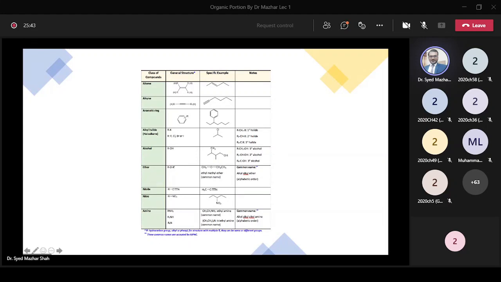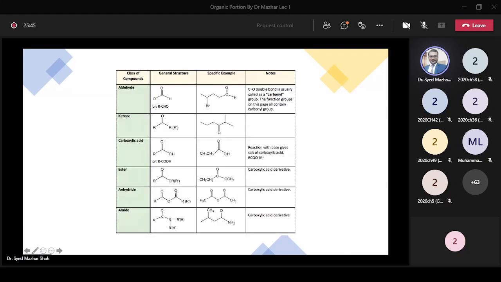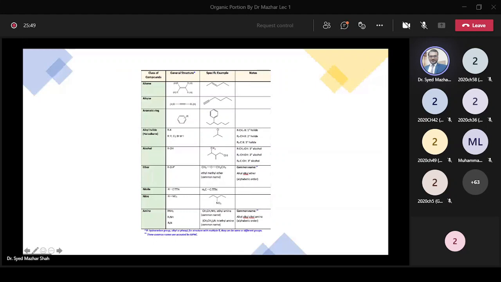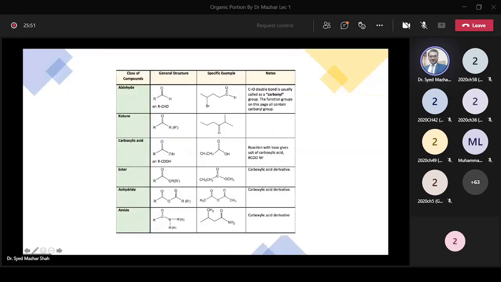I think you can go through all of these molecules or functional groups, and most important, which we will discuss later, are carboxylic acids, alcohols, esters, and then the carbonyl compounds, the carbonyl group. We were already discussing that aldehydes and ketones are the subclassifications of these carbonyl groups.